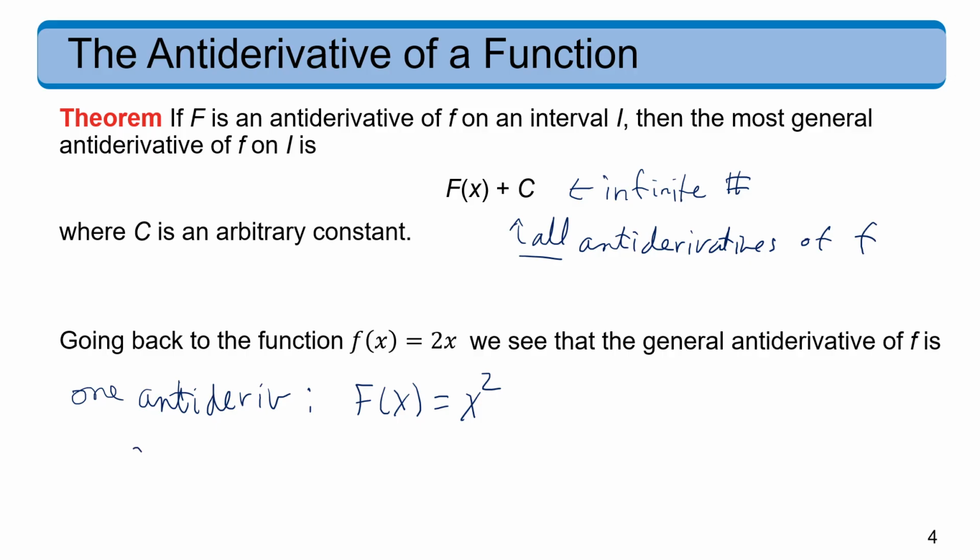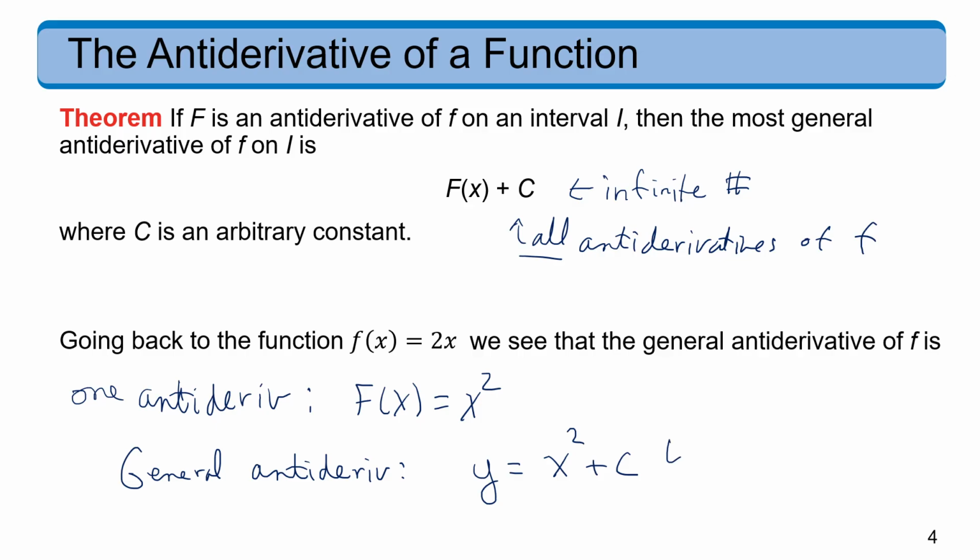So now to find the general antiderivative, and general means all of them, all we do is say y equals x squared plus c. We take the formula of the one we found, which is x squared, and then add c.